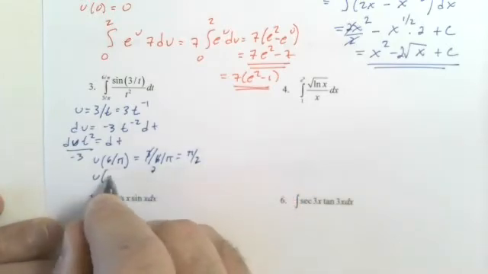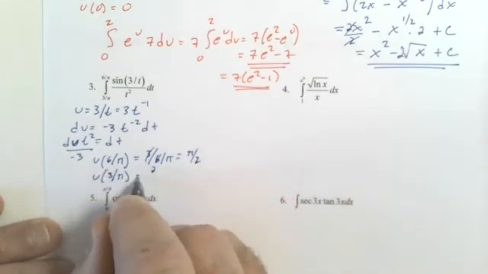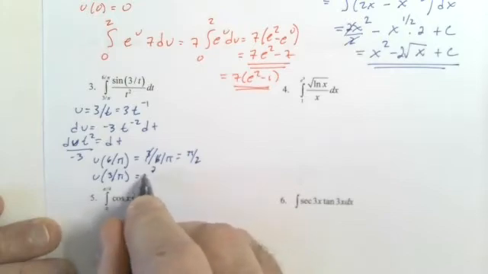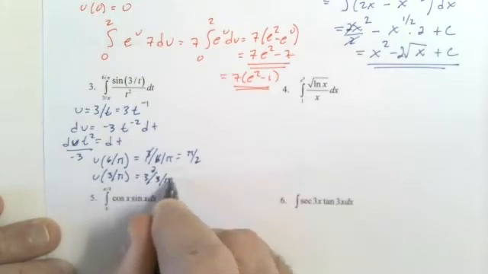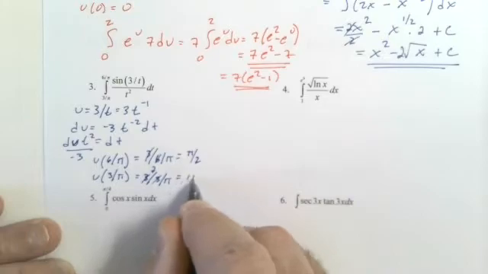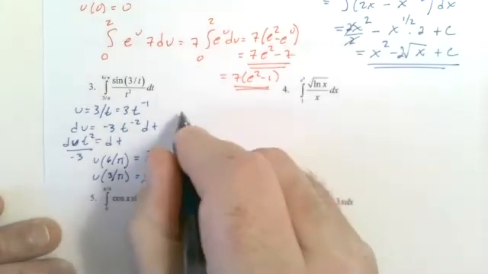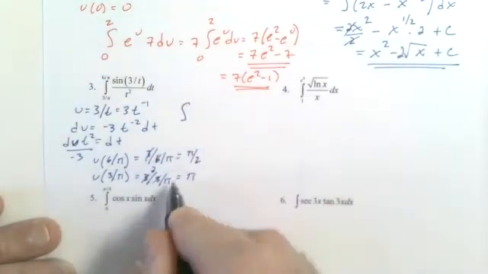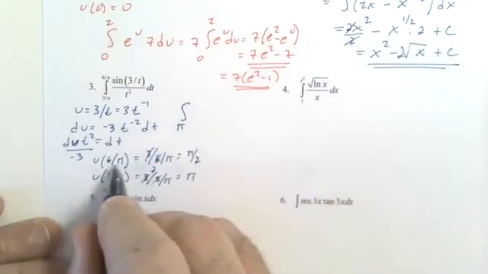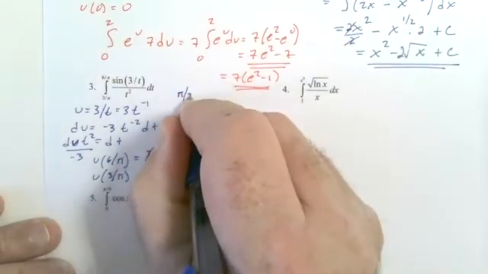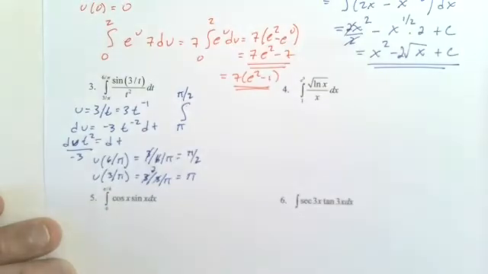And u of 3 over pi is 3 over 3 over pi, which is pi. So make sure you put them in the right place. 3 over pi becomes pi. 6 over pi becomes pi over 2. That's actually going in the negative direction, so I could flip them if I wanted. I'm not going to bother. There's really no reason to.